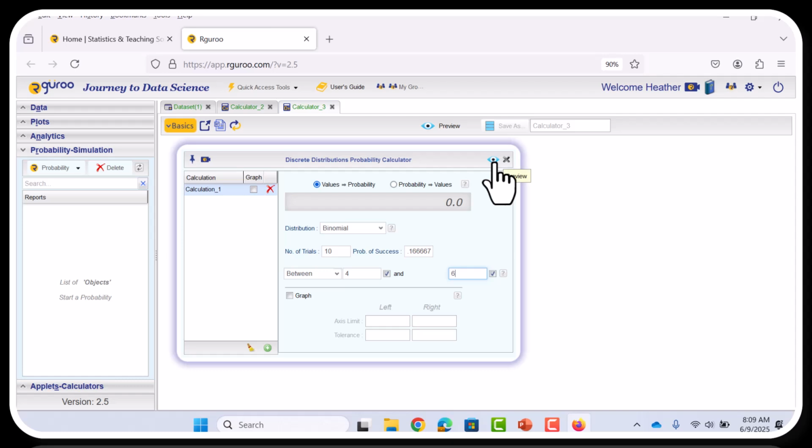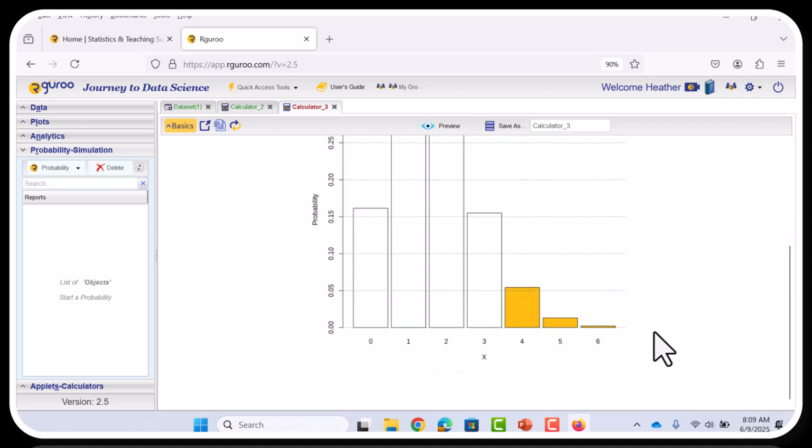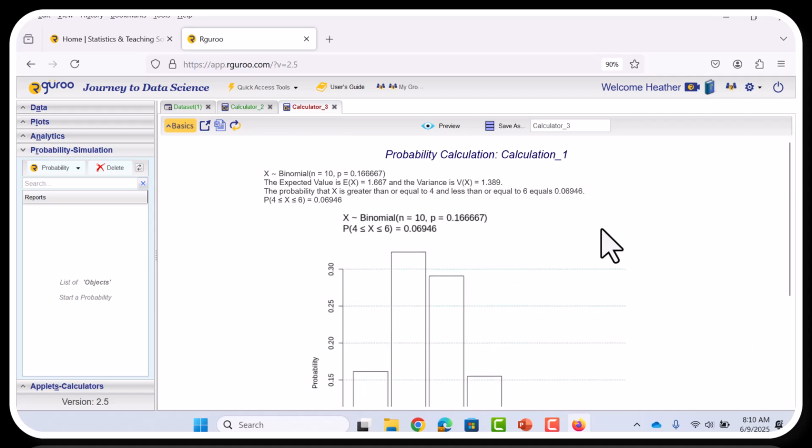So let's go ahead and click the I, and we can see this is the probability, but remember, a really great thing that we can do is check the graph button, and then we can see not just the inequality right here, which matches what we had before, but we can also see 4, 5, and 6 are all shaded, because we want to include the endpoints, meaning we want to include 4 and 6 in our results.